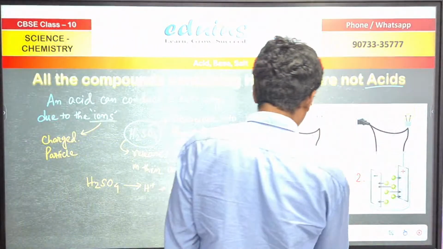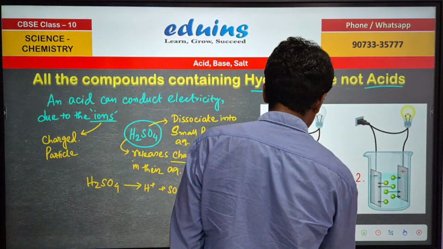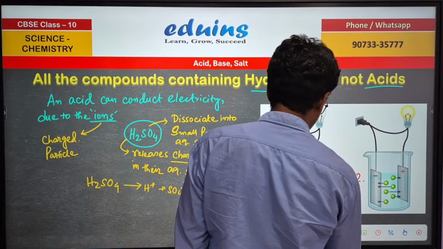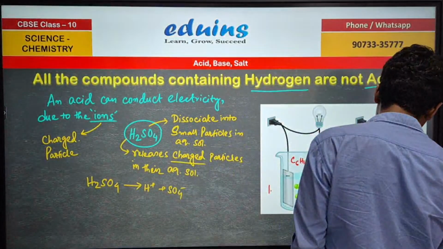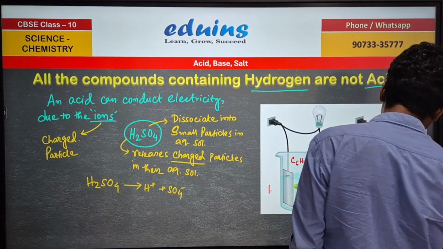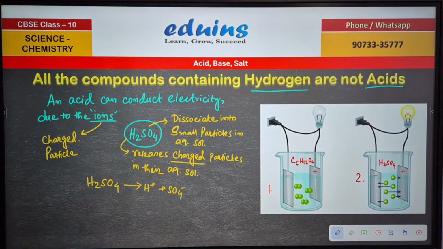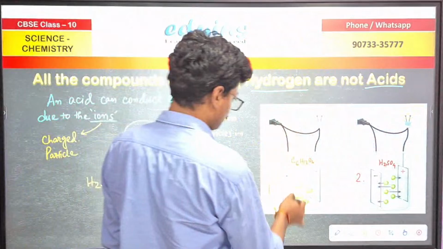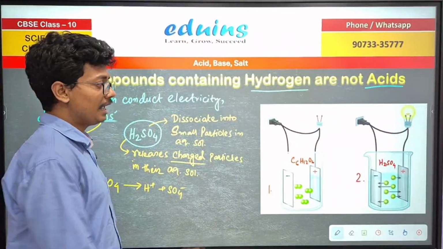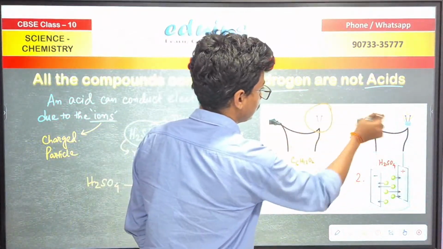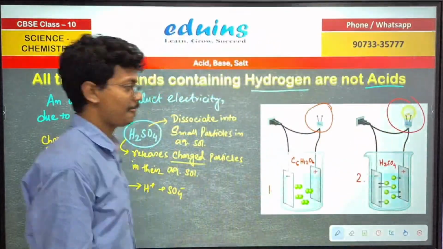So here we have C6H12O6 and here we have H2SO4. Clear? Then we will connect two electrodes here and a bulb connection here.